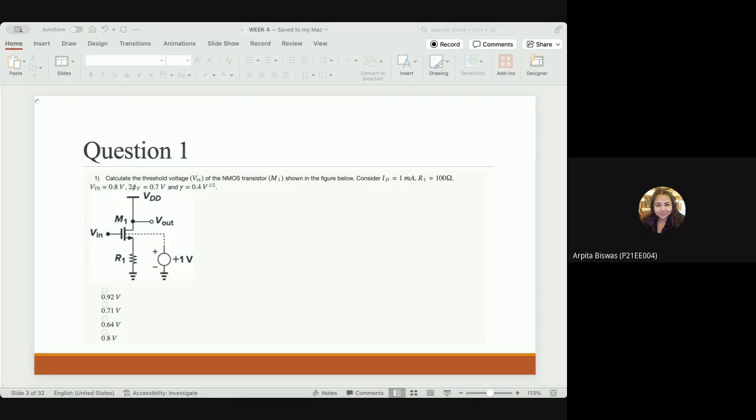So what is the value of VSB? The main thing is you have to find out the value of the VSB. Ma'am, 1.7.